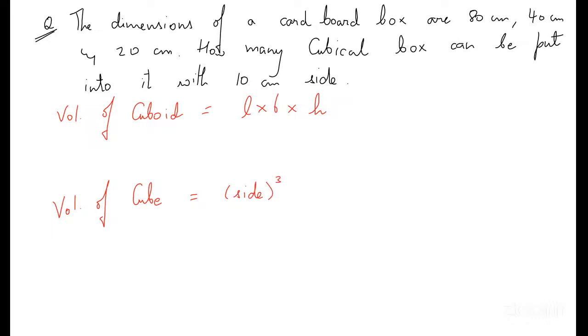Volume of cube is side cube. Okay, so now let's solve. We have the dimensions of cuboid, so multiply 80, 40, and 20 and tell me what you are getting as the volume of cuboid. 640.